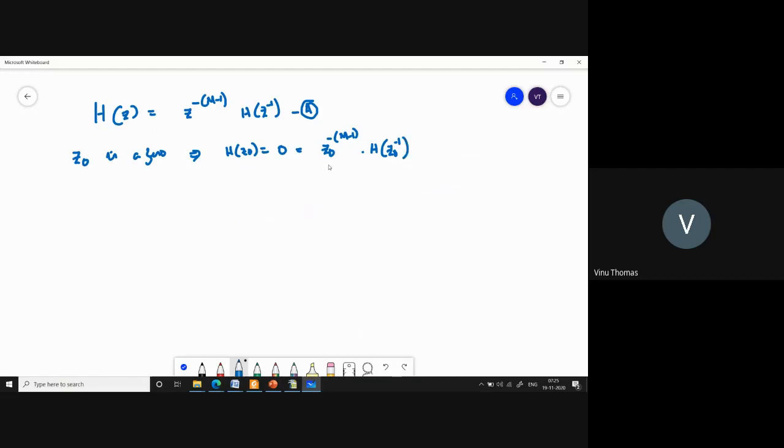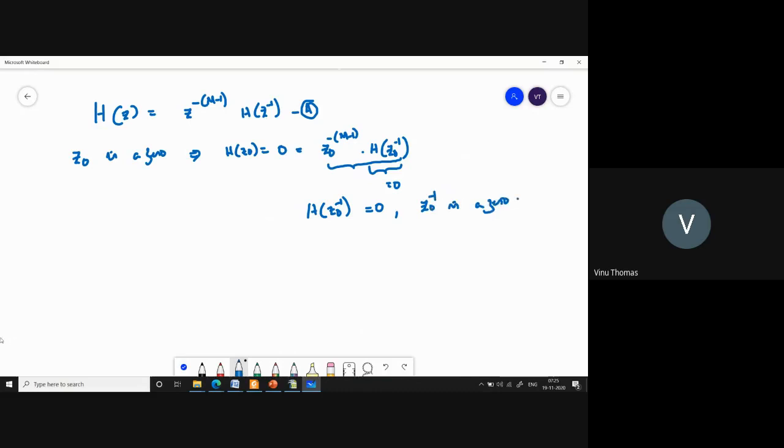So this expression has to vanish to 0. Which means that H(z naught raised to minus 1) is equal to 0. Or it implies that z naught raised to minus 1 is a 0.